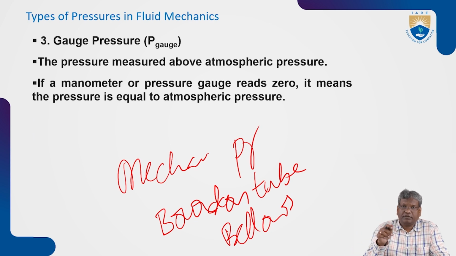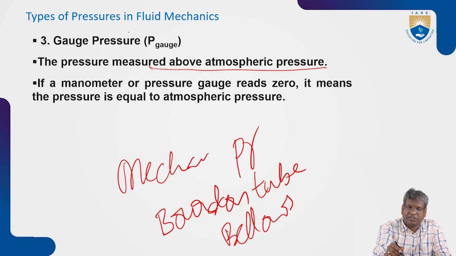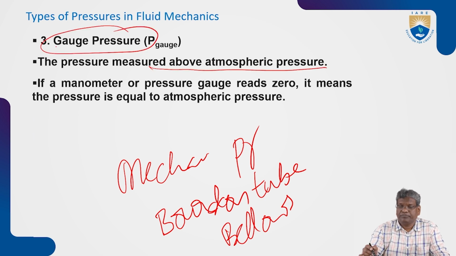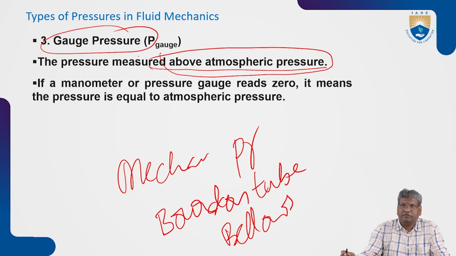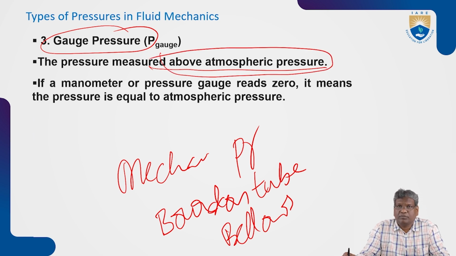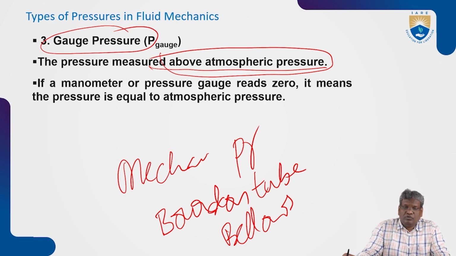The pressure measured with the help of gauges, we call gauge pressure. It is the pressure measured above the atmospheric pressure. Gauge pressure is always above the atmospheric pressure, which is 760 mm of Hg. So if a manometer or a pressure gauge reads 0, it means the pressure is equal to the atmospheric pressure.